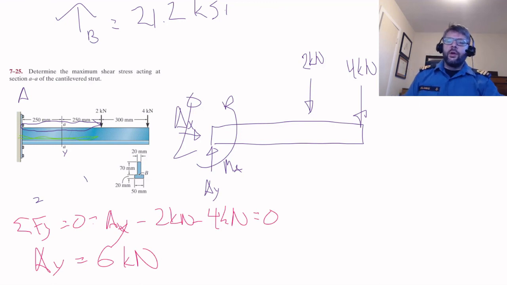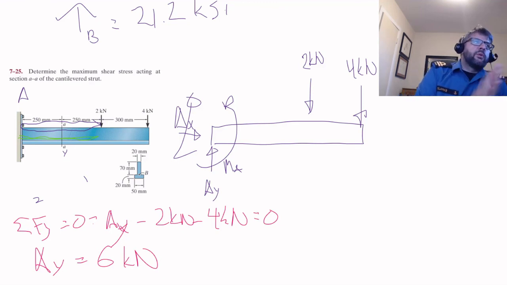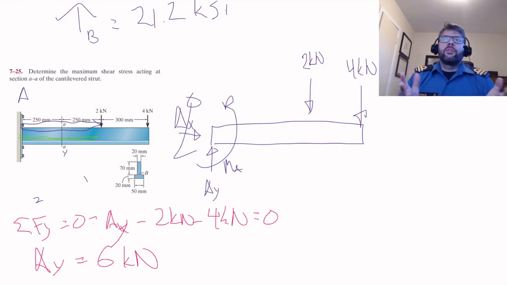So essentially, what's going on at the points where we're worried about the maximum shear stress, and what's going on at the points where we're worried about the maximum bending stress, they're not acting in concert. They don't change the same way, and they're acting at different locations. If we're worried about maximum shear stress, we're worried about what's happening in the middle.